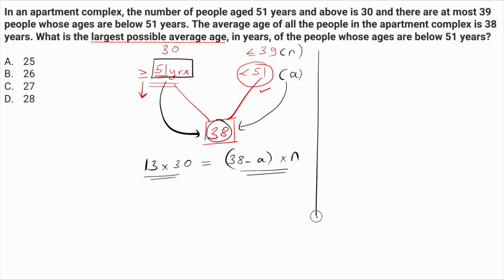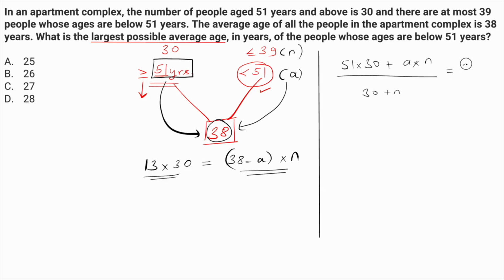If you don't understand this concept of deviations, you can still use the concept of weighted average here. We'll say 51 into 30 plus a into n, divided by the total number of people, which is 30 plus n, should give you the average 38. So you can just cross multiply now. 51 into 30 plus a into n is 38 into 30 plus 38 into n, right?